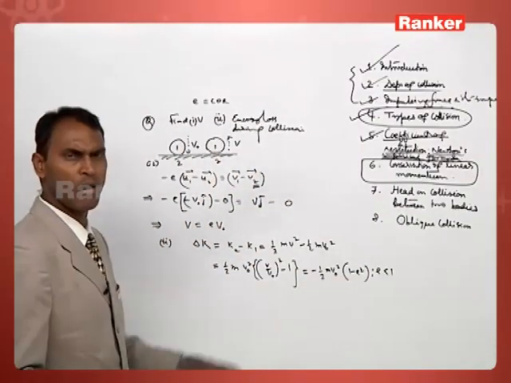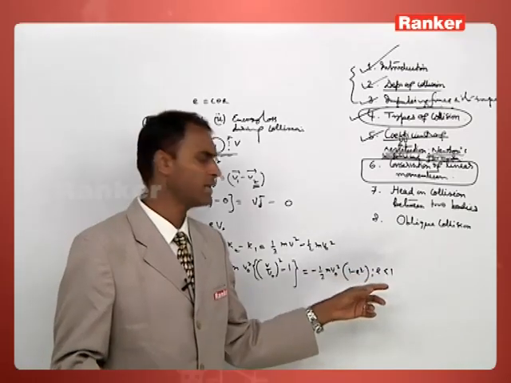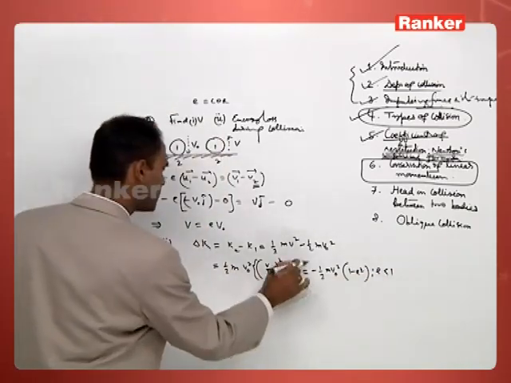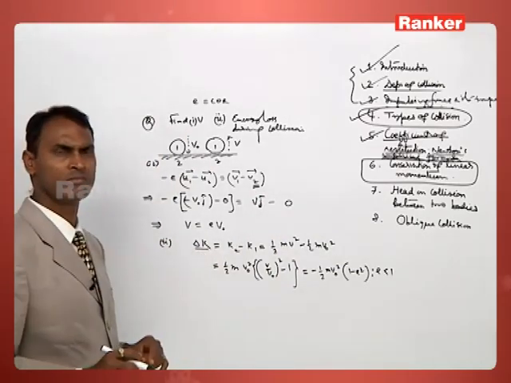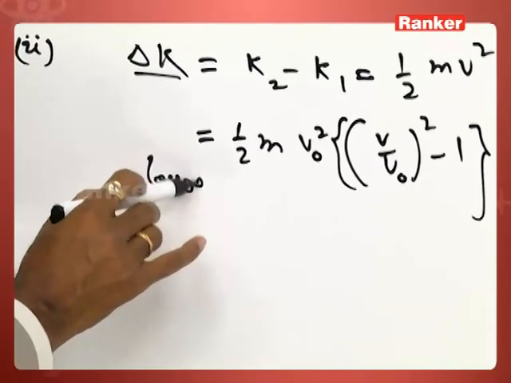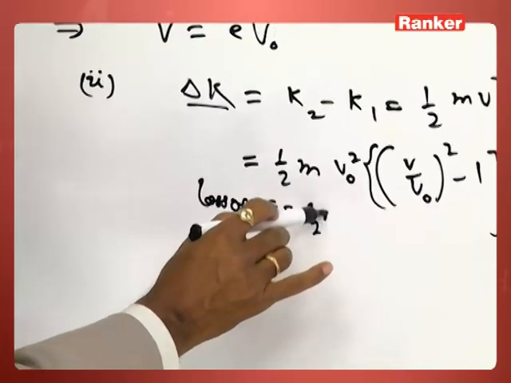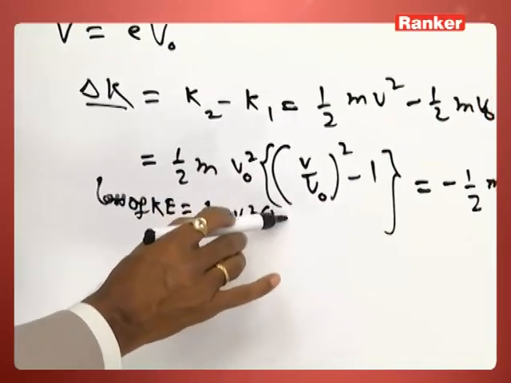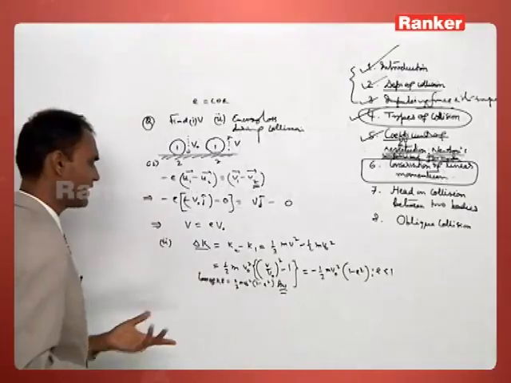At best it can be 1, and that collision is said to be perfectly elastic. The negative sign signifies that the kinetic energy is lost. So the loss of kinetic energy is equal to half m v naught square into 1 minus e square. Loss itself means negative.